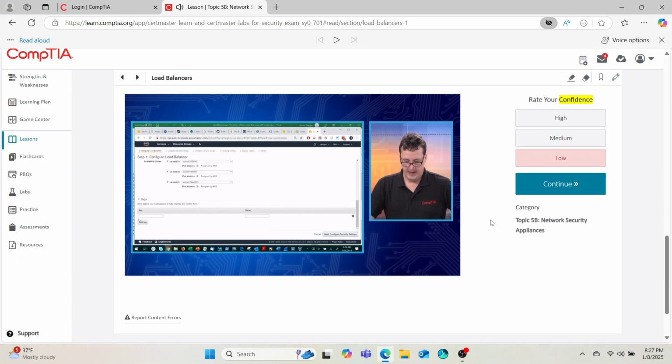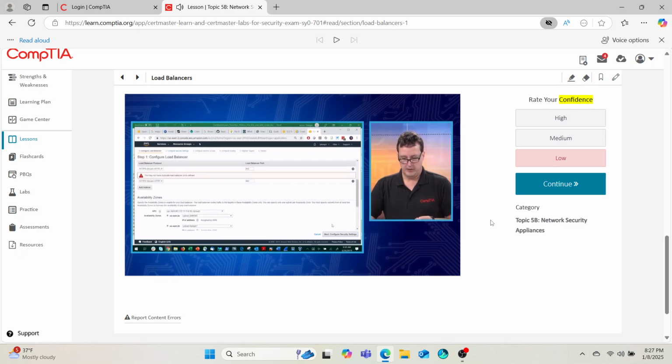There we go. And the tags, you basically add some tags here. So net1 value, there we go. And the idea is that as you go in and configure your security settings, you then have the opportunity to do additional ports here.